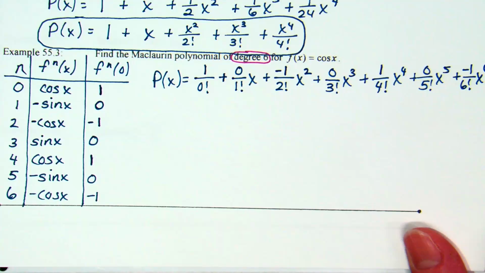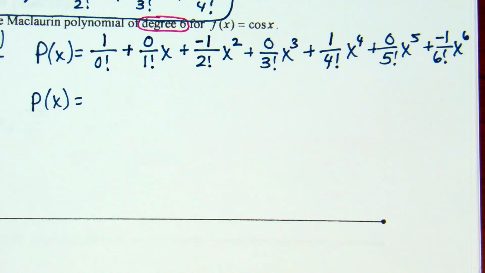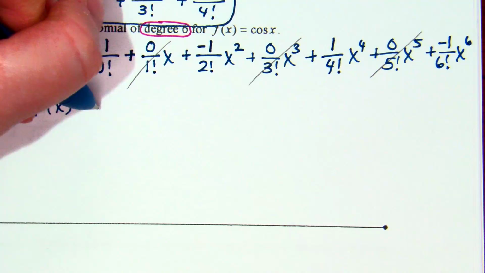Okay, what happens when we start doing some cleanup here? The ones that have 0 in the numerator are zeros, yes? Which happens to be all the ones that have odd powers. 1 over 0 factorial is going to be 1.